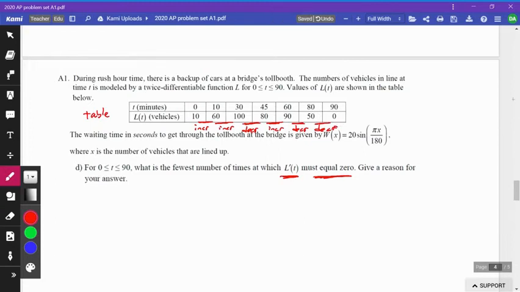So if I'm taking a look at how many times must the derivative equal 0, first I got to understand that this is a nice smooth curve. It's a nice smooth curve because it's a twice differentiable function.